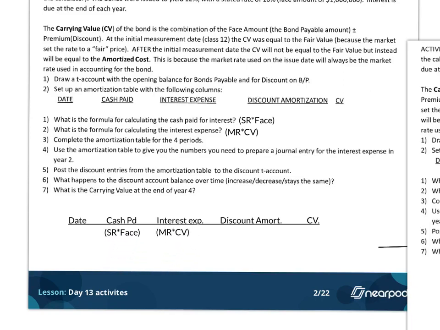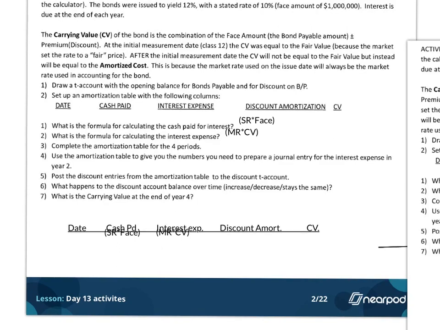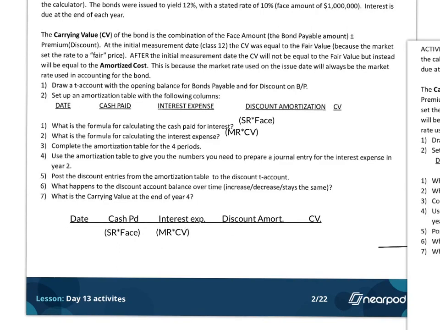Let's see if I can get these to cooperate. Okay. So we started the amortization table by noting that our initial carrying value is our starting number, the $939,253.